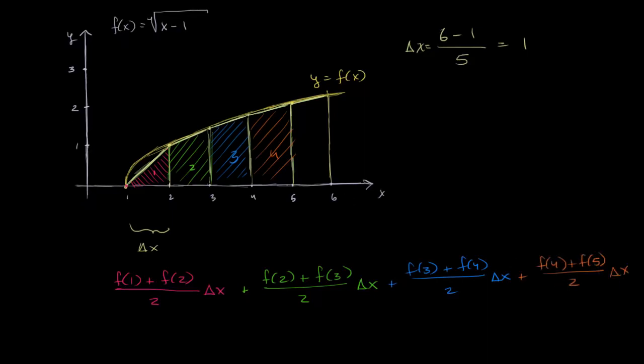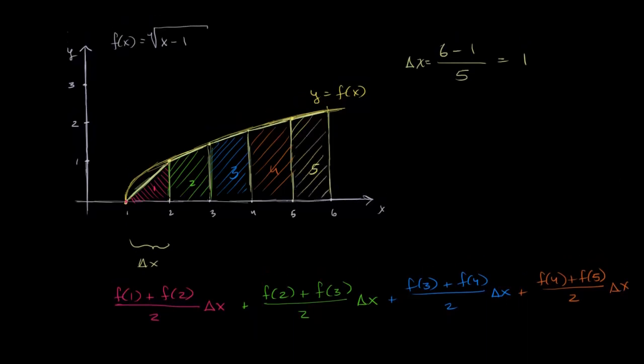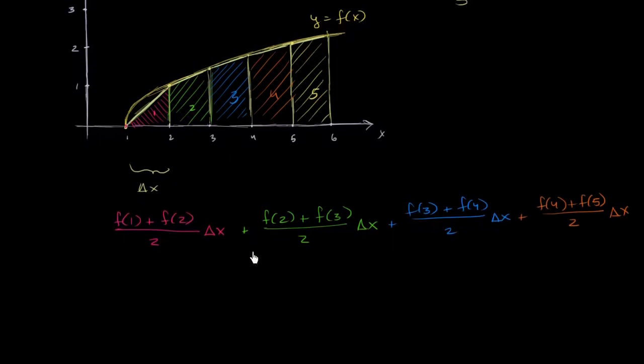And then we have our last trapezoid, which I will do in yellow. So this is trapezoid number 5. Scroll down a little bit, get some more real estate. So it's going to be plus f of 5 plus f of 6 over 2 times our delta x.